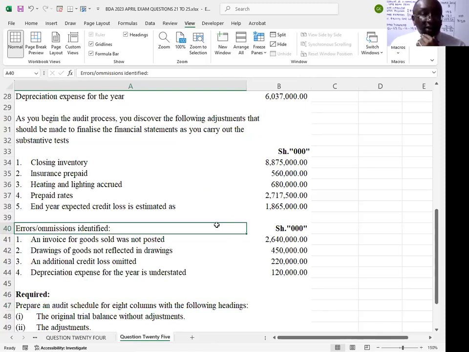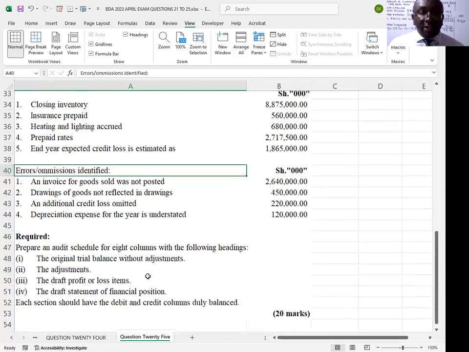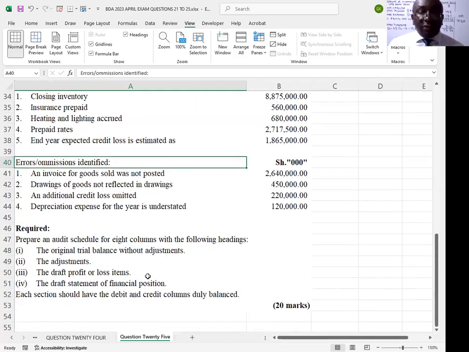So we have errors and omissions identified. An invoice for goods sold was not posted. Drawings of goods not reflected in drawings. An additional credit loss omitted. Depreciation expense for the year is understated.